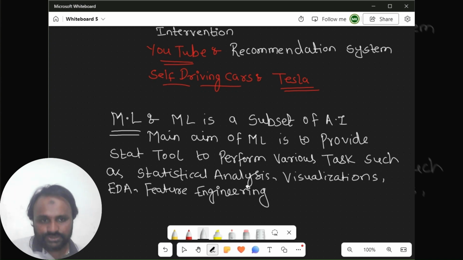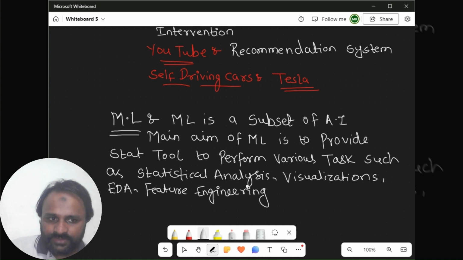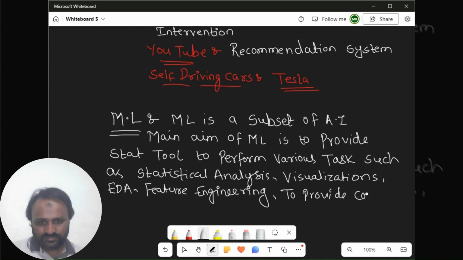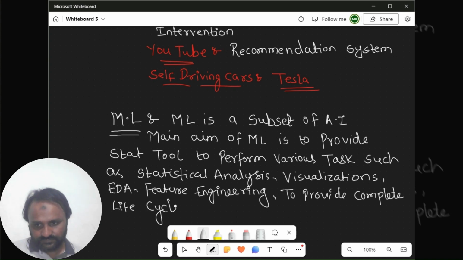Feature engineering is also one of the important tasks, to provide the complete life cycle of data science.